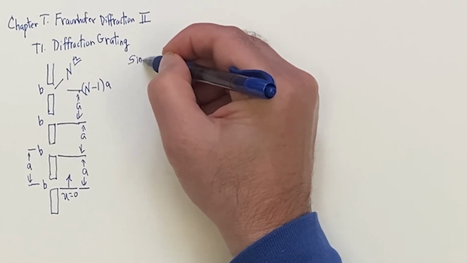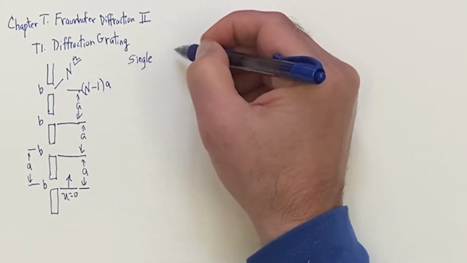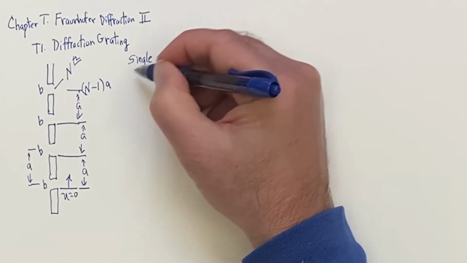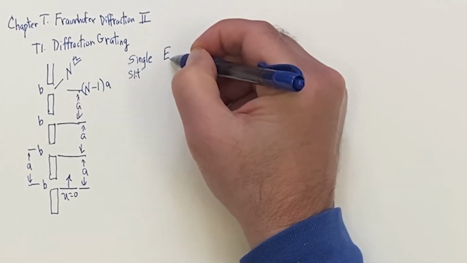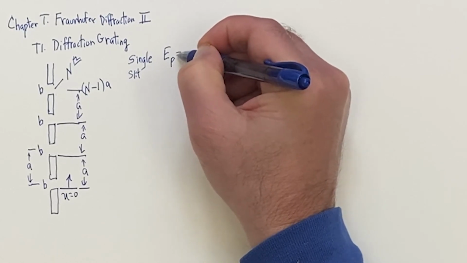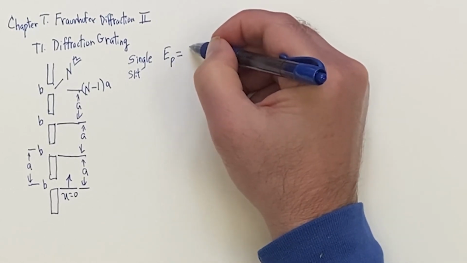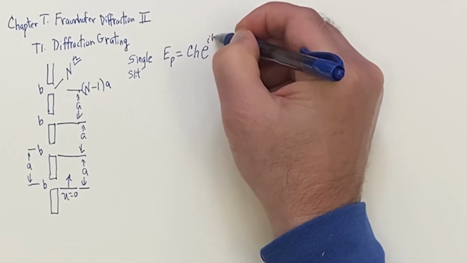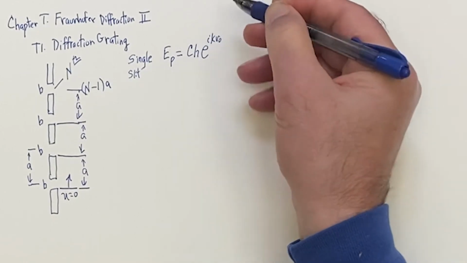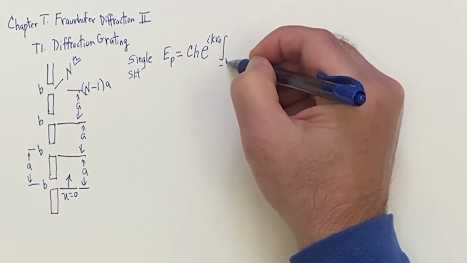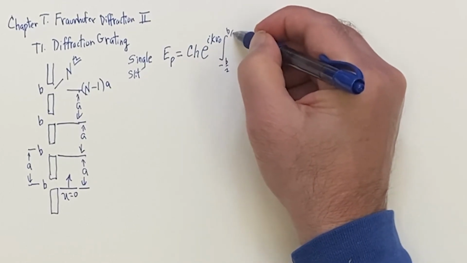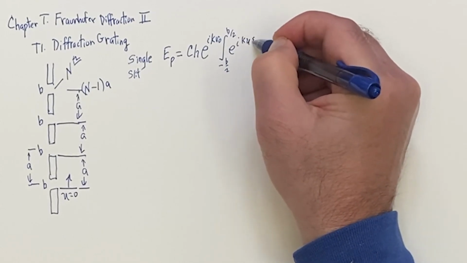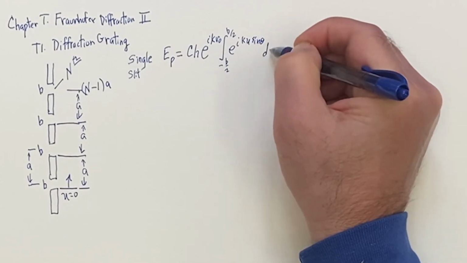Now we can build up to this fairly easily because for the single slit, we had the electric field amplitude at the screen, C e to the i k R naught. We're simply bringing down what we had before, minus B over 2 to B over 2, e to the i k u sine theta, du.